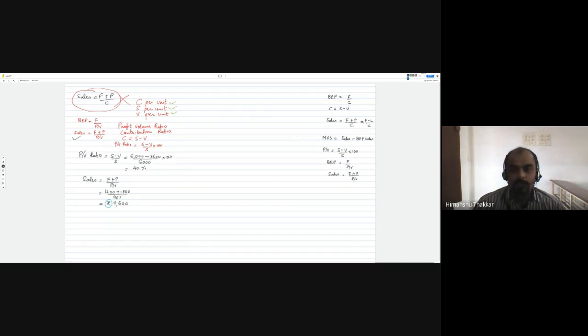Just leave a line and below that write down selling price per unit, rupees 20.